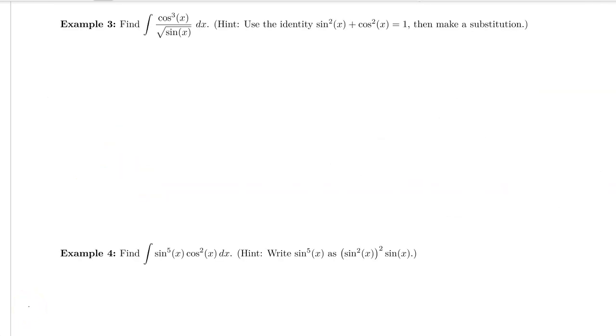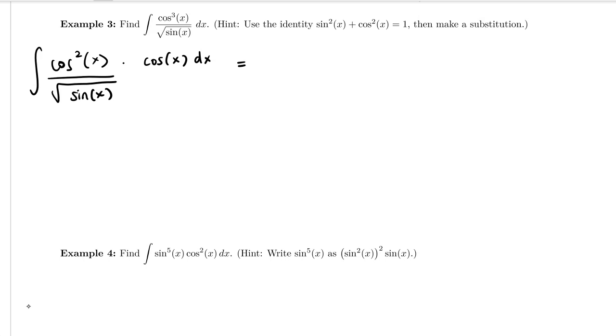Example 3 asks us to find the integral of cosine cubed of x over the square root of sine of x dx. We're also given a hint to use the Pythagorean identity again and then make a substitution. So I'm going to take my numerator and rewrite it as cosine squared x times cosine of x dx, and then still over the square root of the sine of x.